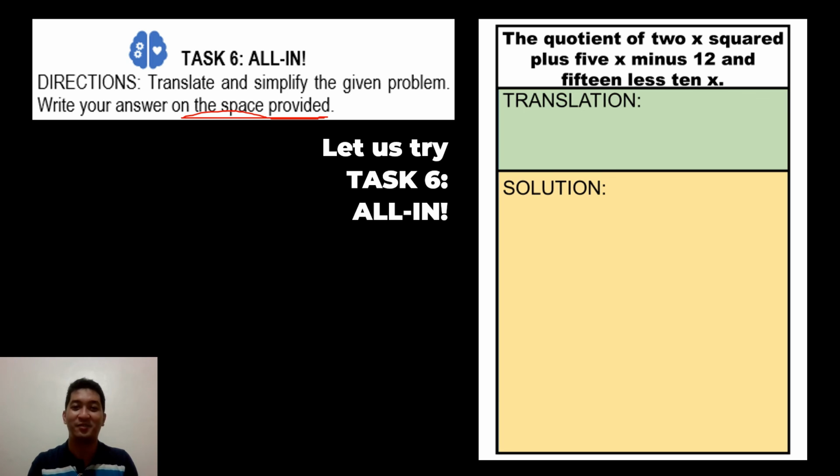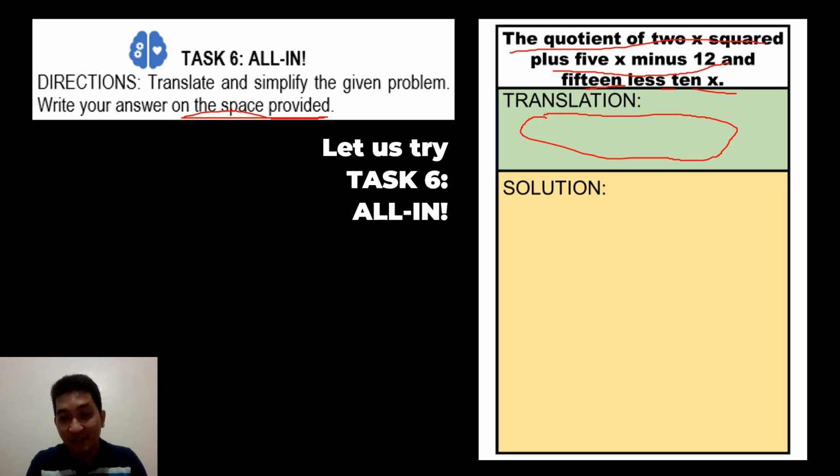Doon isusulat. Okay. So, the quotient of 2x squared plus 5x minus 12 and 15 less 10x. Una nyo gagawin dito sa green na ito, susulat niyo yung translation niya. Sir, paano ba mag-translate?